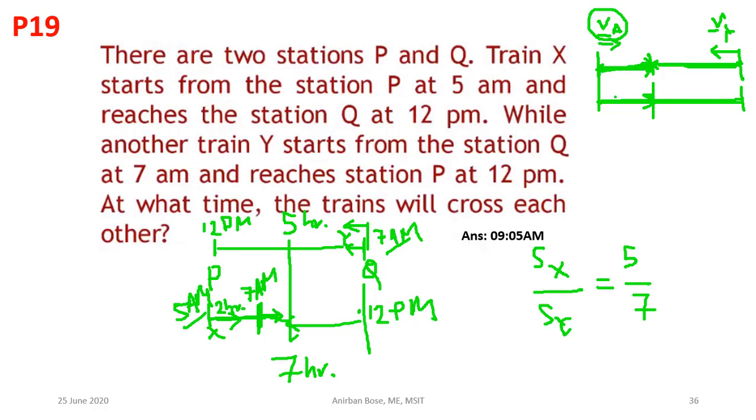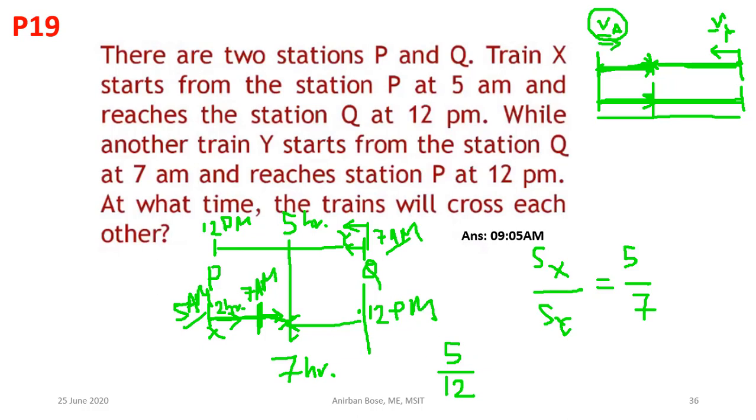That means this distance by the total distance is equal to this time divided by the total time. We are trying to use this particular idea. So here you know the velocity ratio. So what will be the distance ratio? The distance ratio will be 5 by 12.